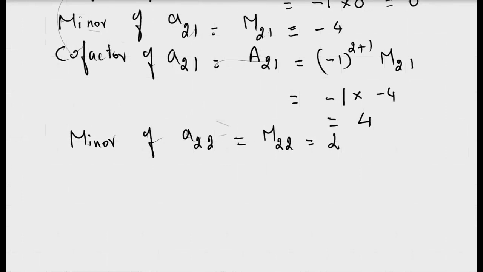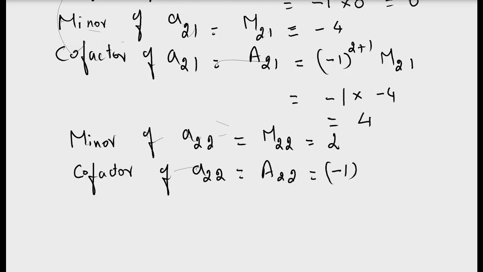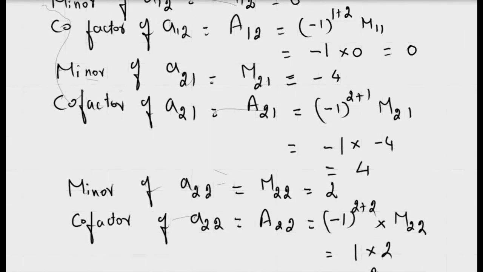Now to find the cofactor of a22, A22 is equal to minus 1 to the power of 2 plus 2 into M22. Minus 1 to the power of 4 is plus 1, into 2, which is equal to 2. So these are the minors and cofactors of the respective elements of the given determinant.